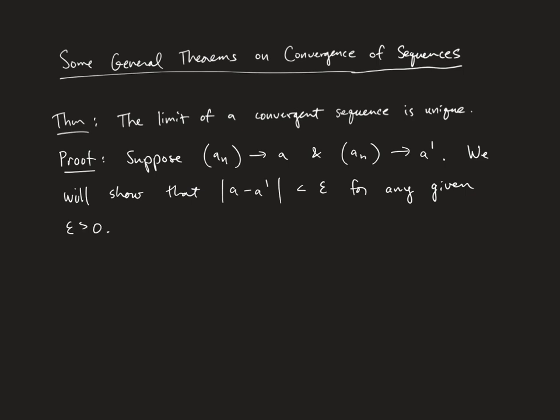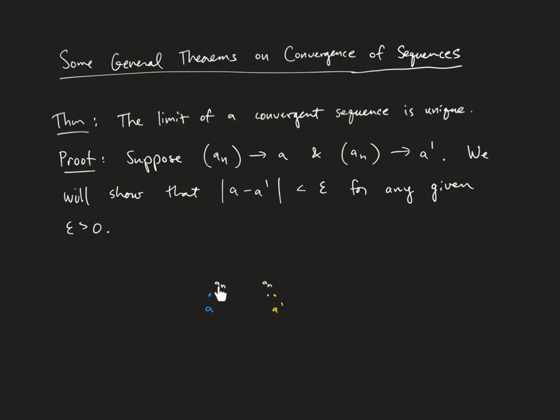And the basic idea here is that, so let's say this is A, and we have A prime, and we also have our sequence of A_n's, right? And so the A_n's are getting arbitrarily close to A, and the A_n's are also getting arbitrarily close to A prime.